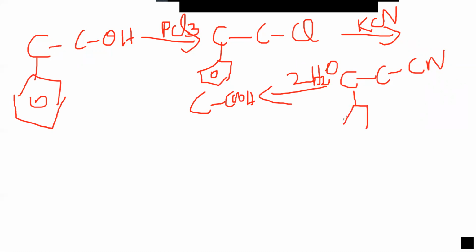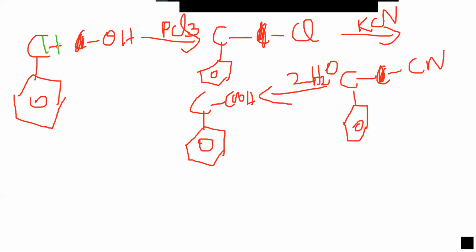Benzyl alcohol has only C-OH, only 1 carbon. 1 carbon C-Cl. Then cyanide also on the same carbon. So here also the benzene ring, here also the benzene ring. That's all. Then you have to satisfy the valency by putting the appropriate number of hydrogens.